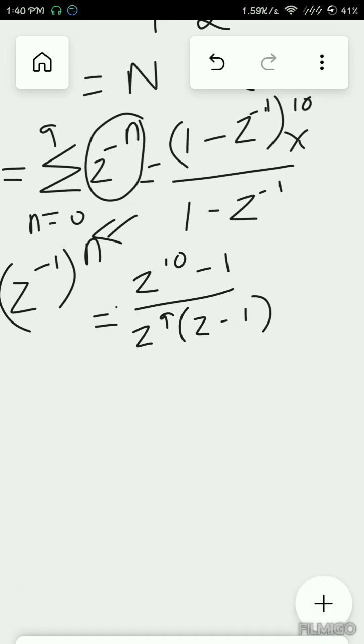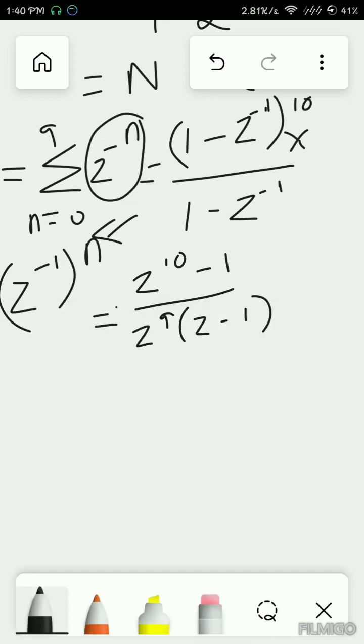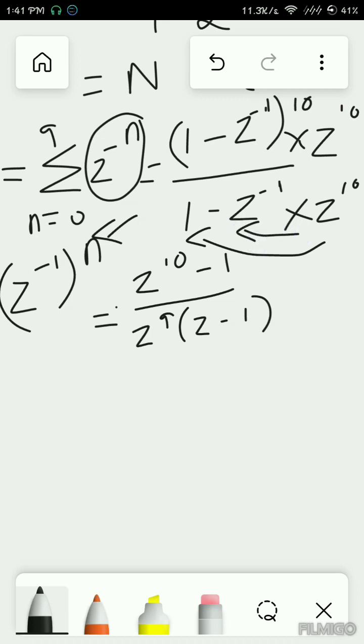Okay guys, I'll clear it in the next session. I just need a small clarification. You are going to multiply with z to the power of n here and z to the power of n over here, so that is the resultant you get. Here you can see it is z to the power of 10.